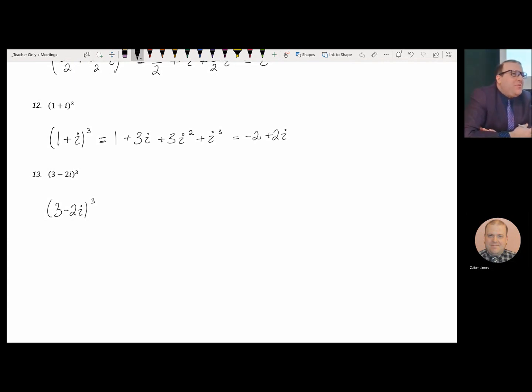I'm again going to use the binomial on this. 3 cubed. Now, notice that this is a minus b being cubed, right? So the signs alternate. Next term will be minus 3 squared, nine times 2, right, 18 times 3.